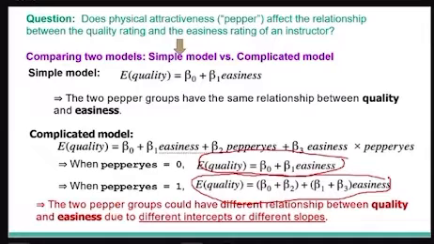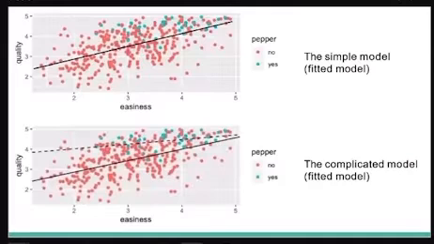The 2 PPS groups could have different relationships. The way easiness is related to quality in the first group is different from the way easiness is related to quality in the second group. Why is it different? Because they have different intercepts and different slopes. Does that make sense?